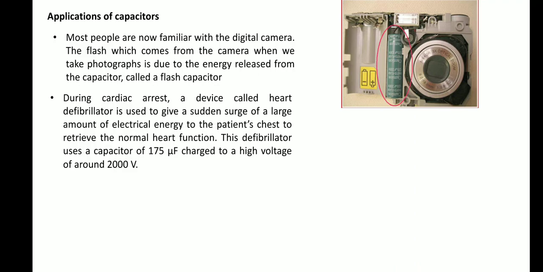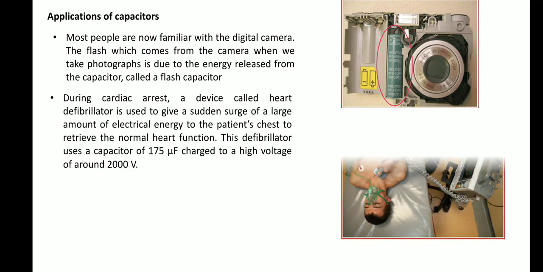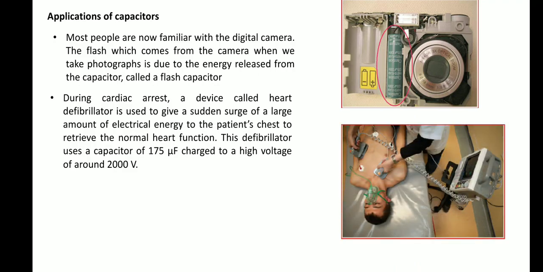This defibrillator uses a capacitor of 175 microfarad charged to a high voltage of around 2000 volt. In order to activate the heart, we give an electric shock to the human body on the chest, which can be given by the capacitor, called a defibrillator.